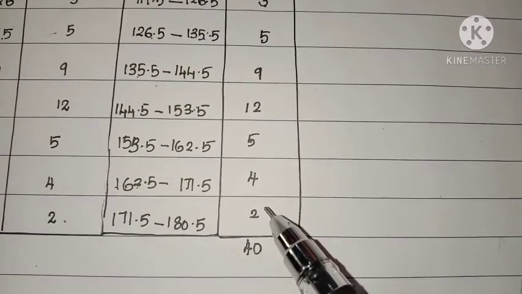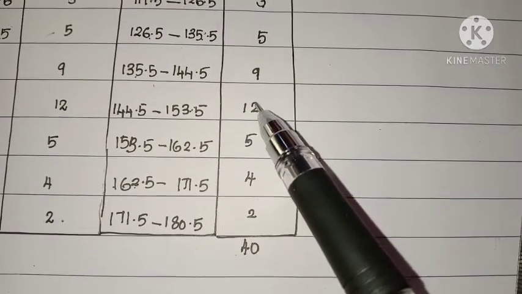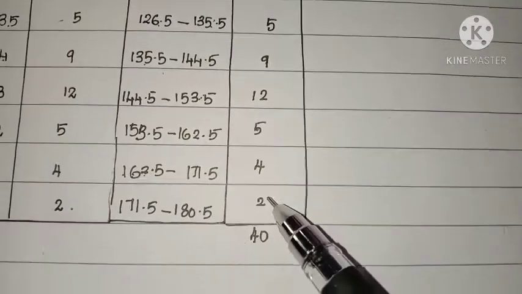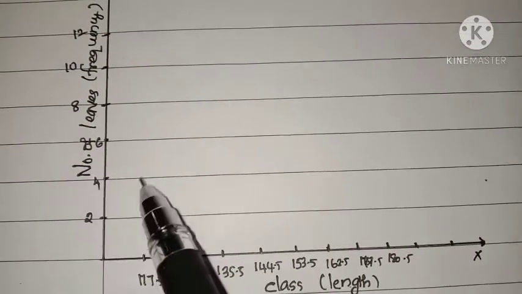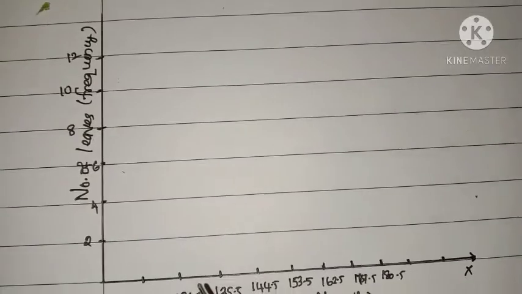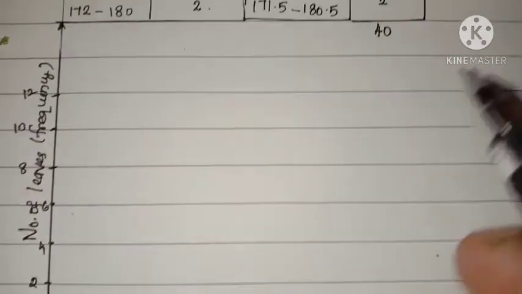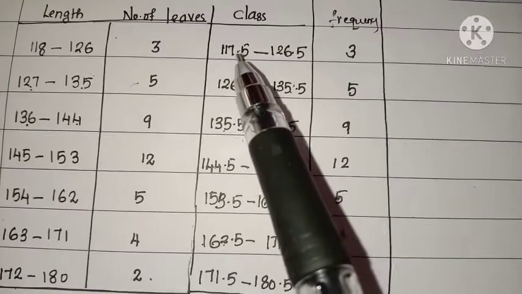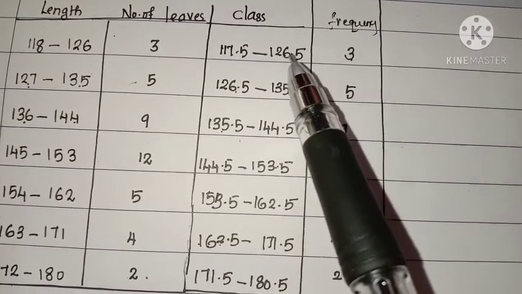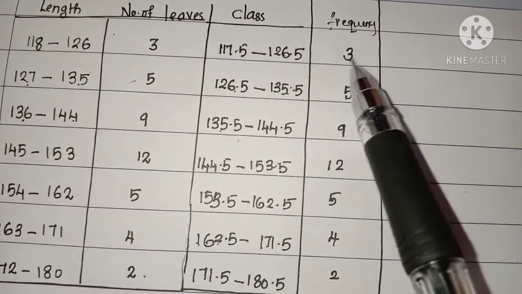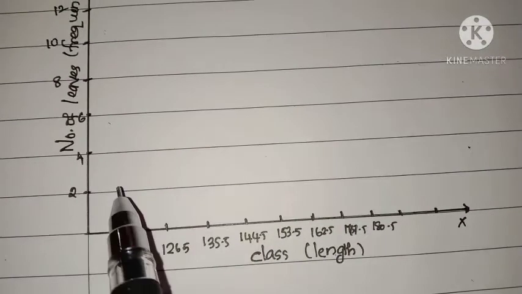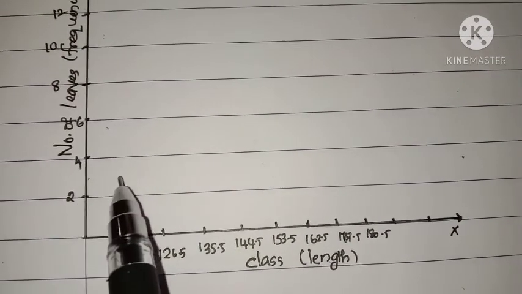Now in this y-axis, our frequencies are 3, 5, 9, 12, 5, 4, 2. So you can consider 1, 2, 3, 4, 5, 6 up to 12, or here I took 2, 4, 6, 8, 10, 12. Now the first class is 117.5 to 126.5. Height of this rectangle is 3. So 3 is in between 2 and 4.